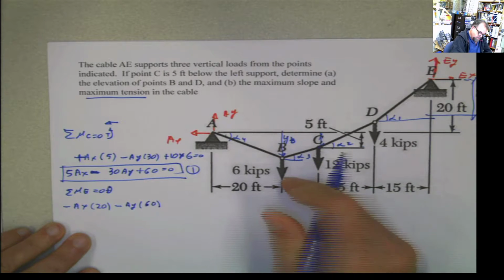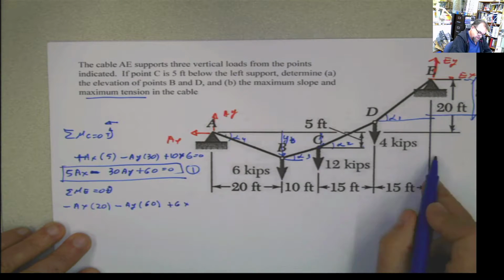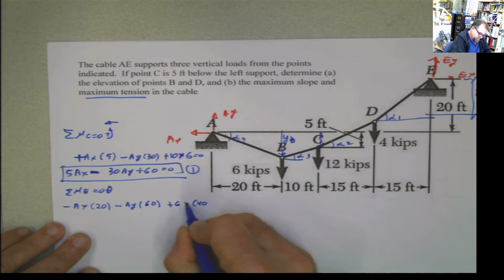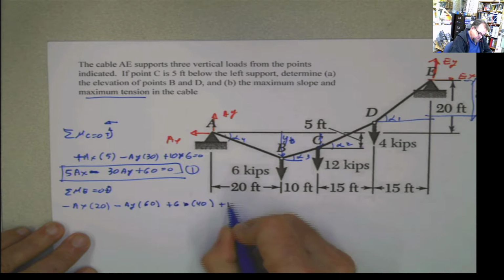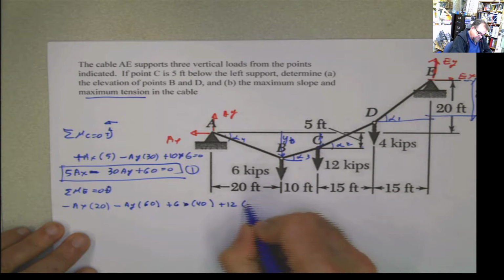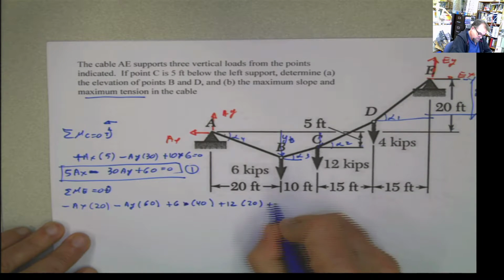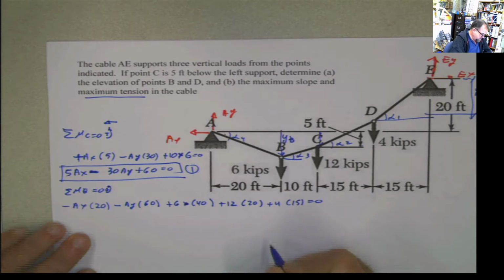Now this one comes here, is positive 6 multiplied by this distance, so 40. And then I have this 12 multiplied by 30, and then I have this 4 multiplied by 15 equals 0.